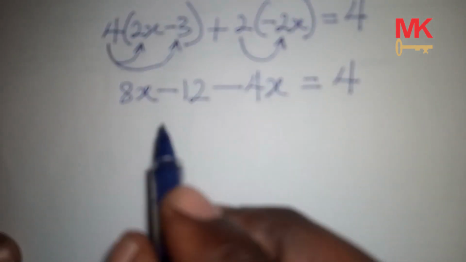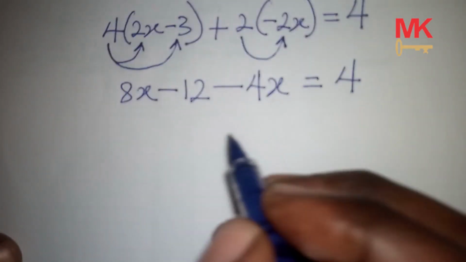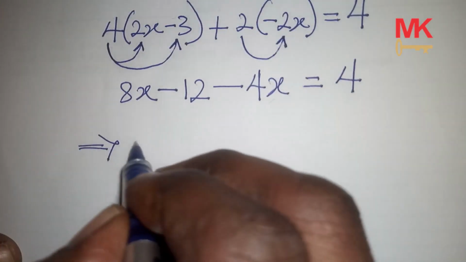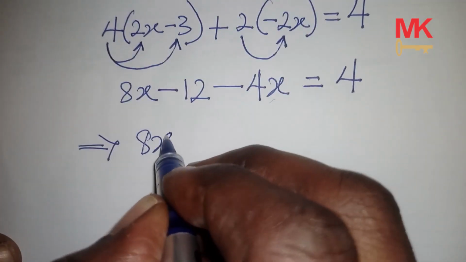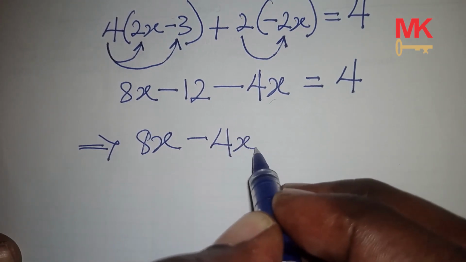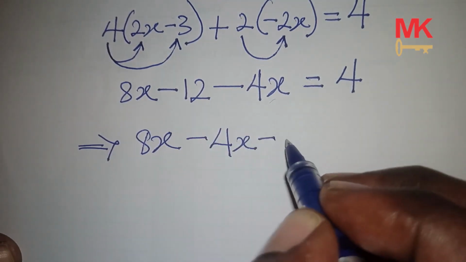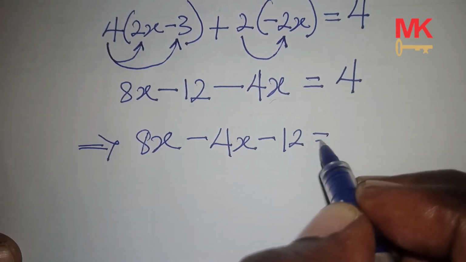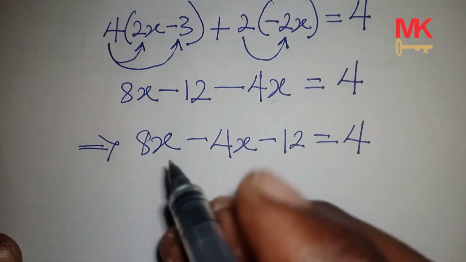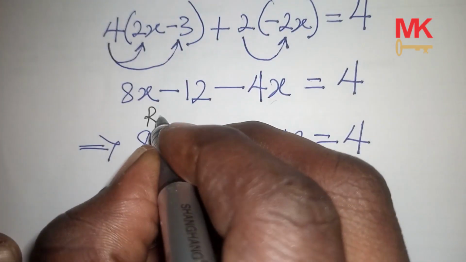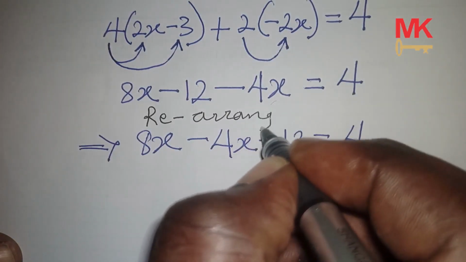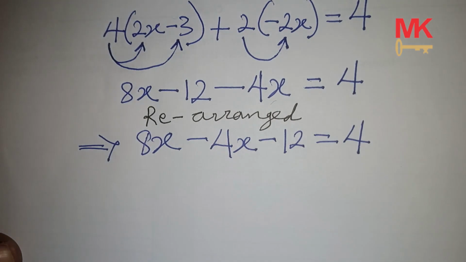So what do we do now? We rearrange and collect our like terms. At the left hand side, it implies 8x minus 4x, then minus 12 equal to 4. What did we do here? We only rearranged.